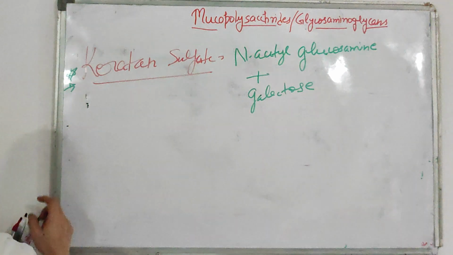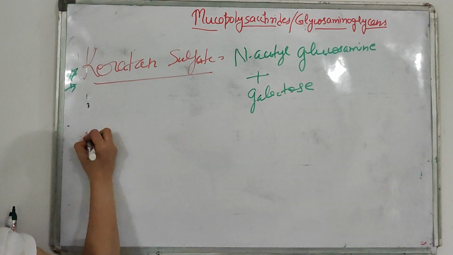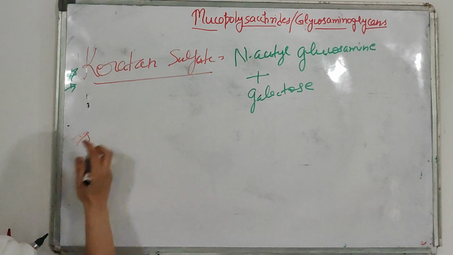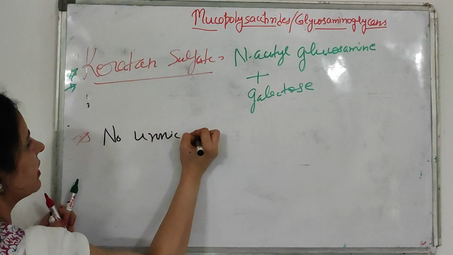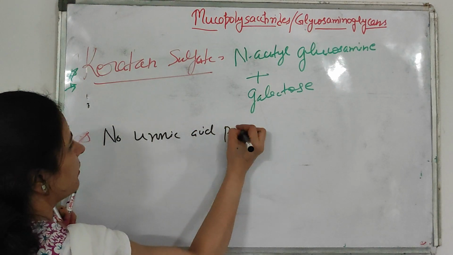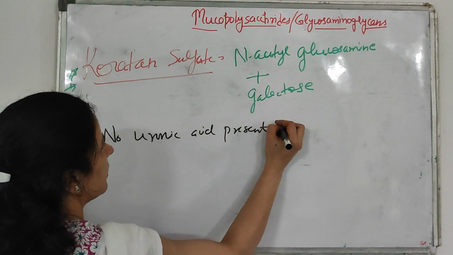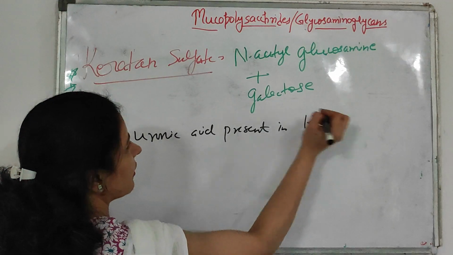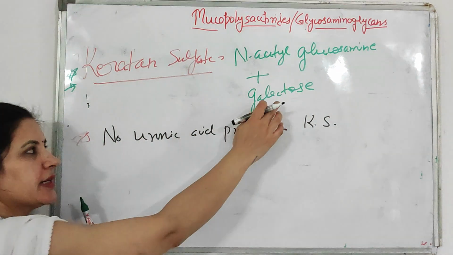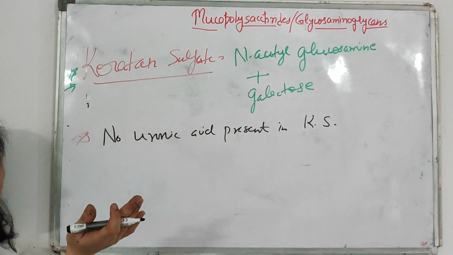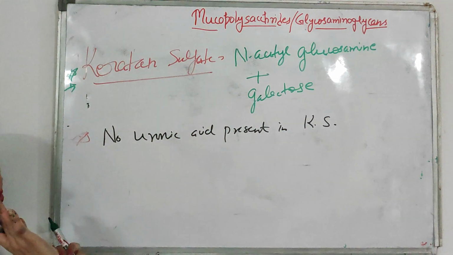The important thing is that you must write that no uronic acid is present in keratan sulfate. Besides uronic acid, galactose is there, and the normal amino sugar is N-acetyl glucosamine.